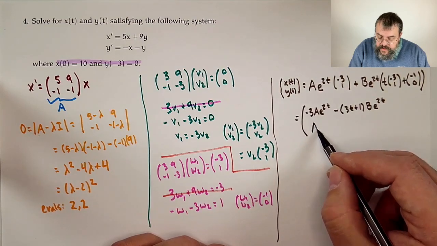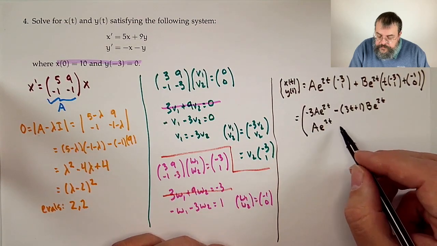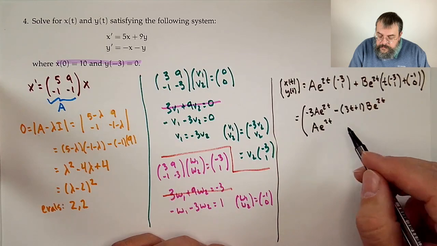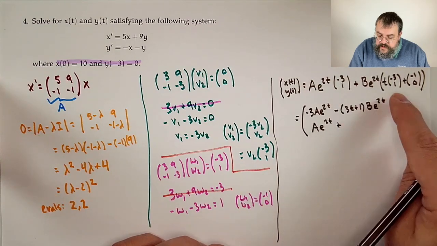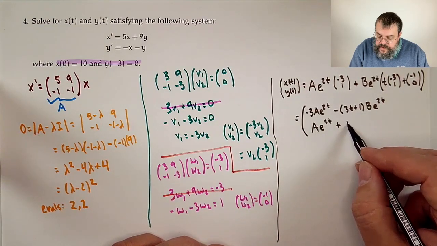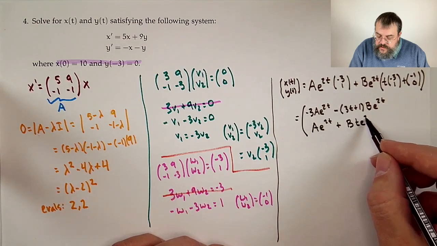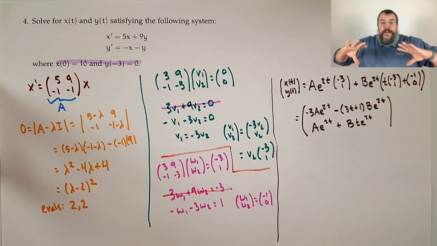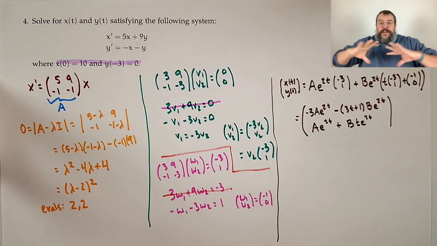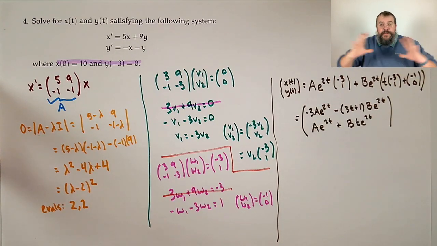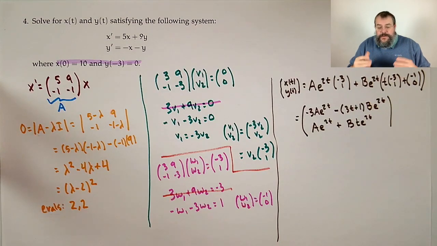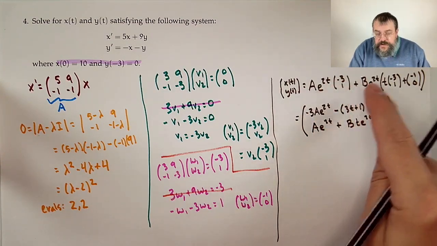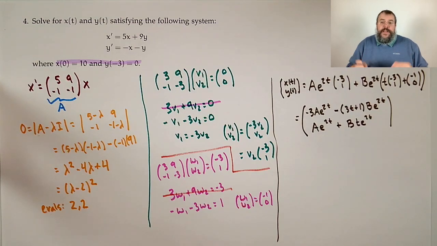Bottom part: a e to the 2t, and then plus b times t e to the 2t. All right, so what we've done here is we've taken the vector entries and put it all into one big vector. So, move the scalar multiples in, do your addition, clean it up. This is what you get.